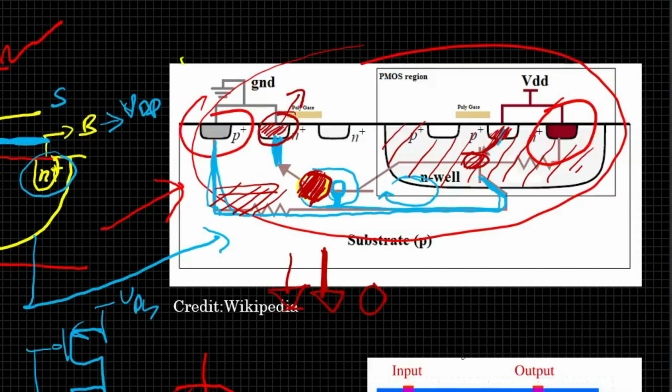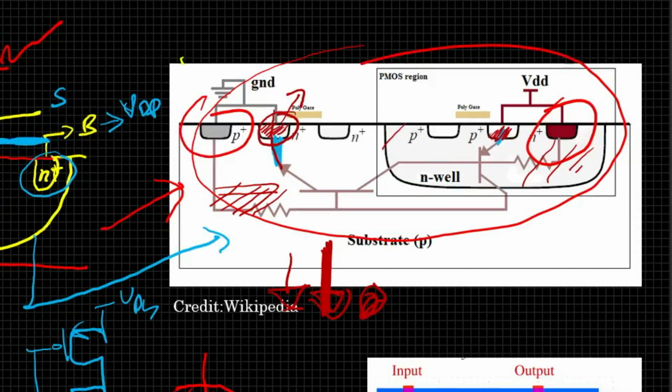I hope you got your answer why we don't do this thing and why this is called latch up. That is because the collector of one BJT is connected to the base of the other BJT, and likewise here. So if one of these becomes forward biased, then it will supply current to the other BJT, which will turn it on, and it will again supply current to the next BJT.